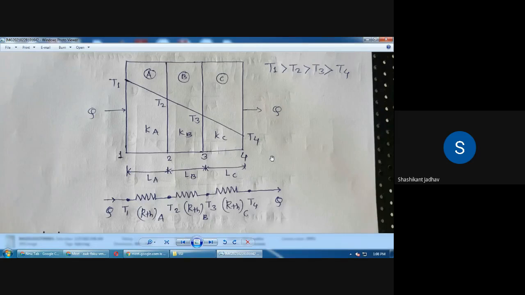Okay, diagram is over, or is anyone remaining? Okay, diagram is over.